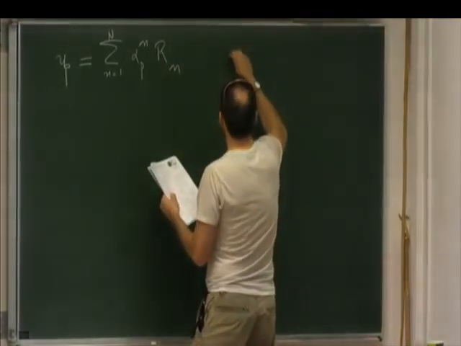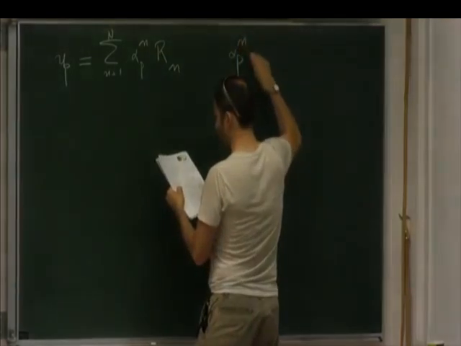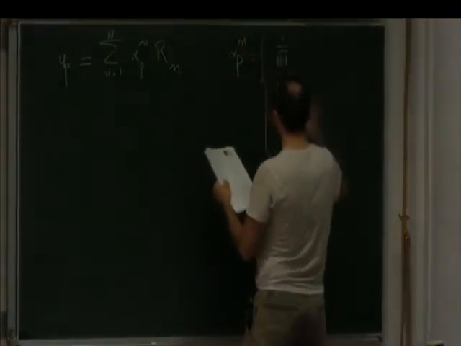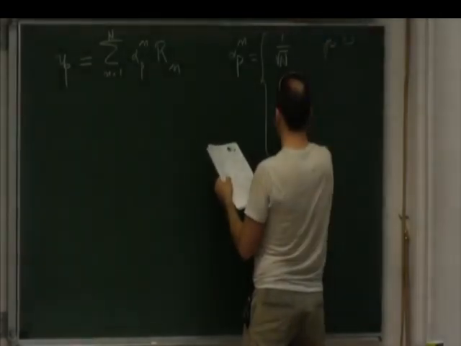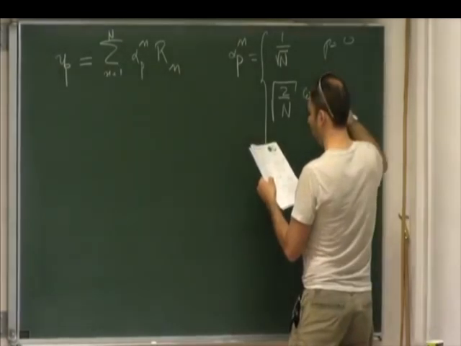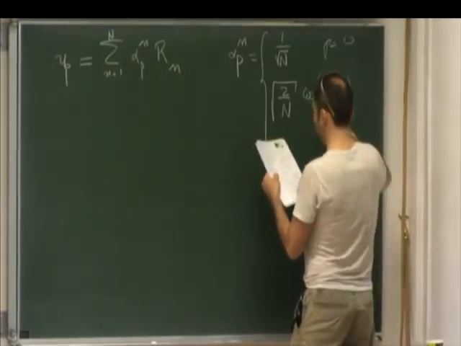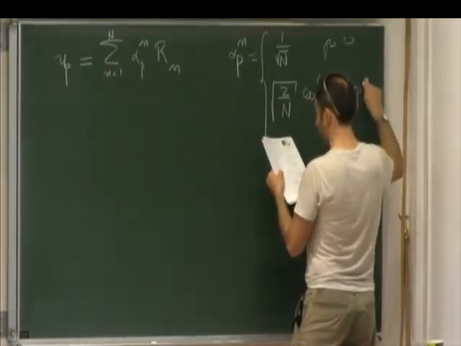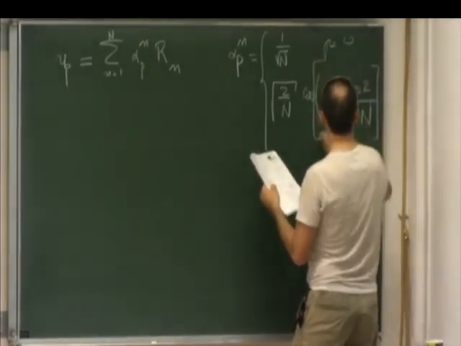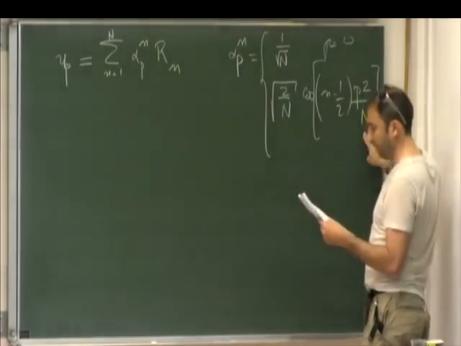And let's take alpha Pn, which is the matrix, which is 1 divided by square root of n if p equals 0. Otherwise, we'll take the square root of 2 over n times cosine of (n minus 1/2) times p pi divided by capital N.